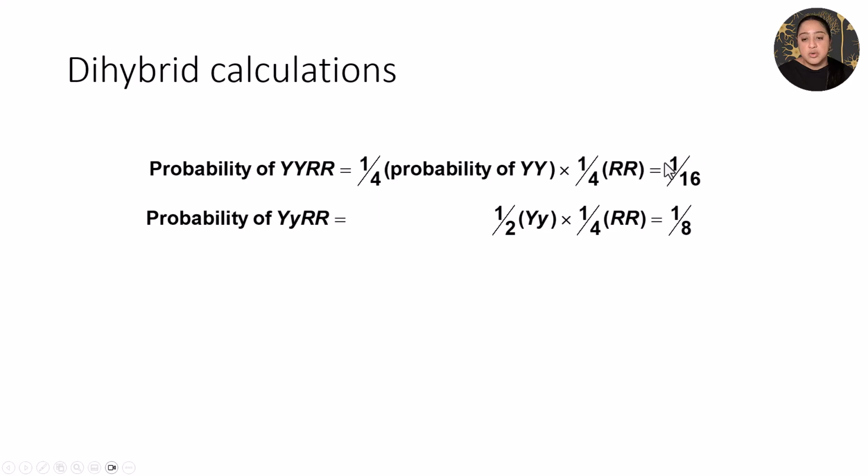So then the total probability is 1 out of 16 that it could be this. And then if we were asking what's the probability that it will be big Y, little y, big R, then you think about the odds of this happening times the odds of this happening. And so that can multiply up to 1 out of 8.